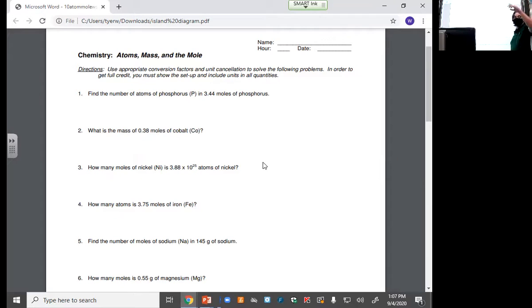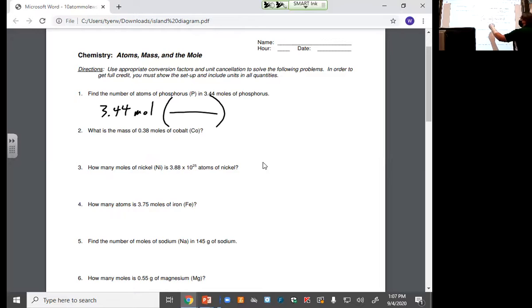Okay, well, let's do number one, okay? Sound good? Find number of atoms in phosphorus in 3.44 moles of phosphorus. Okay? So 3.44 moles. Draw my fraction. What's going on the bottom? You always put what you have and what you don't want on the bottom, which is what?